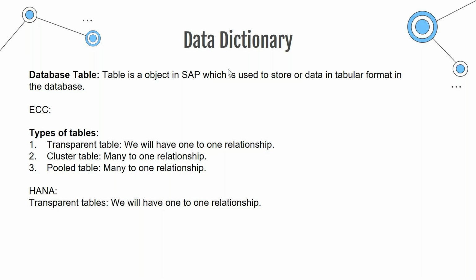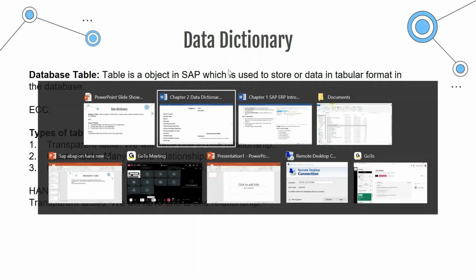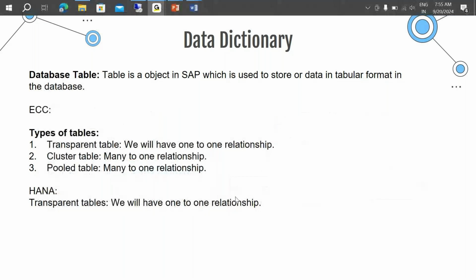Any doubt? Yes, Jagdish this side. Actually, I have a doubt regarding the cluster and pool tables. You said we have a many to one relationship. For example, let us say we have seven fields.